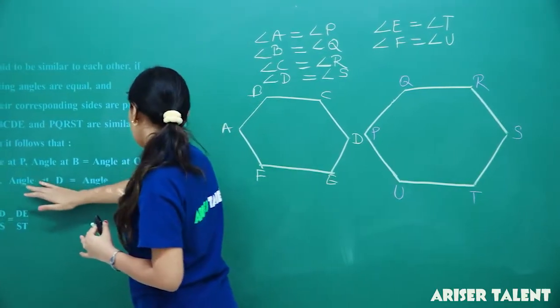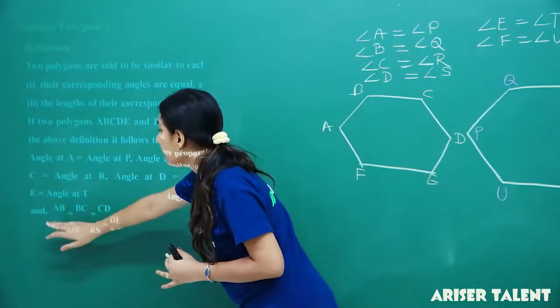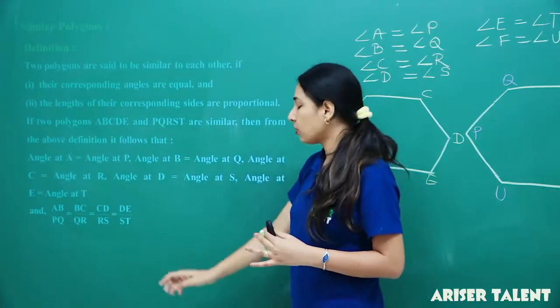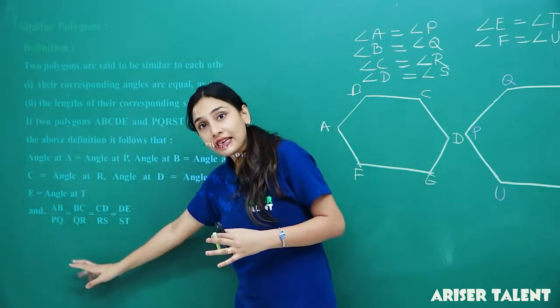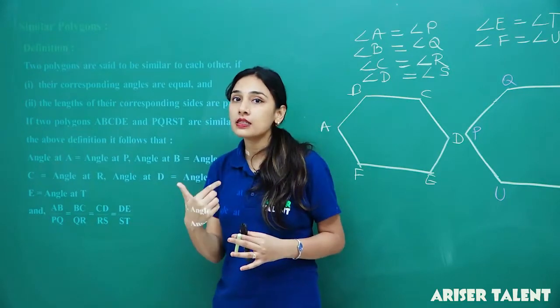Now, again, AB divided by PQ, because the ratios are the same.